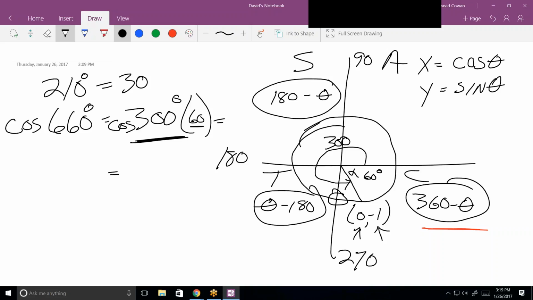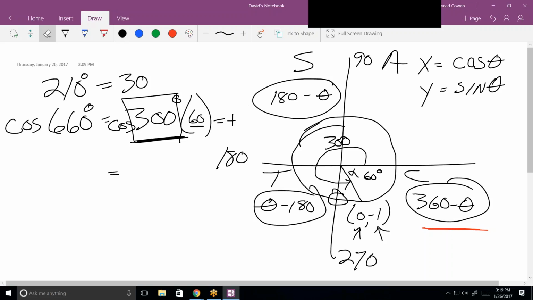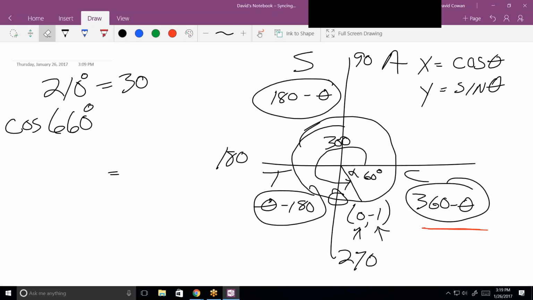Cosine of 60 is 1/2. 300 is in the fourth quadrant. C means positive. So the cosine of 660 would be plus 1/2. Not that they asked for that, but just to reference it back to what we've been talking about.